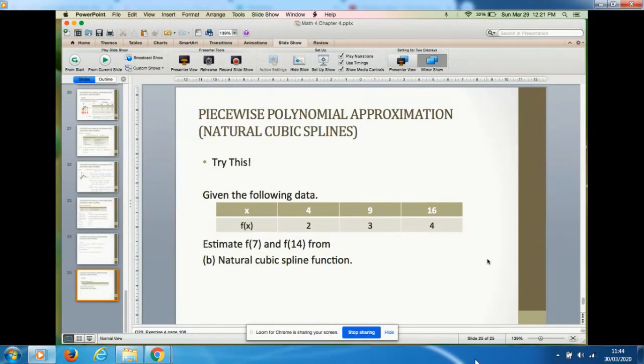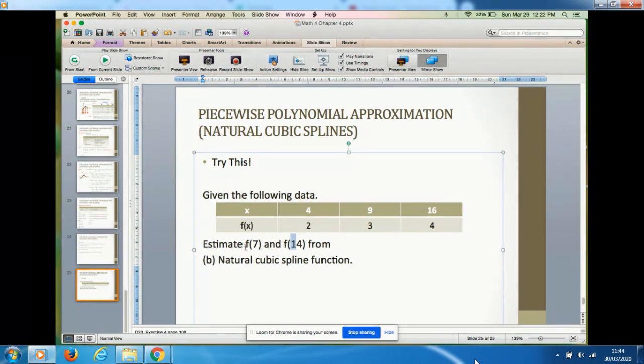Okay, daripada 4 step tu, at the end you akan dapat equation for each spline. Okay, selepas siap tu, baru kita akan masukkan nilai X 7 and also X 14, okay, to find the Y value according to the correct spline.